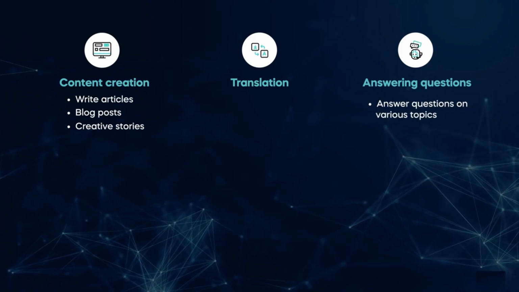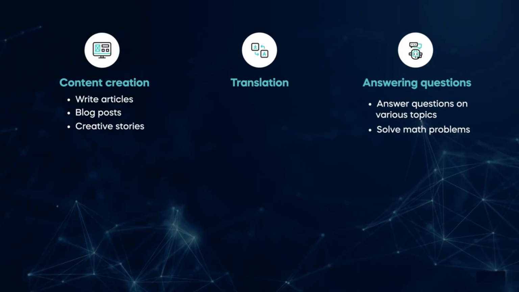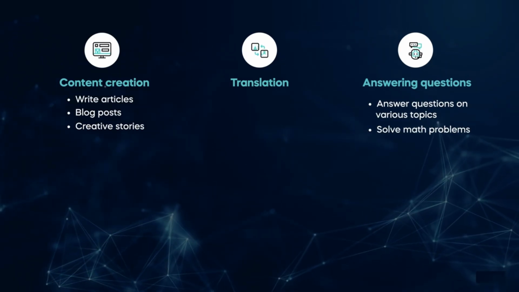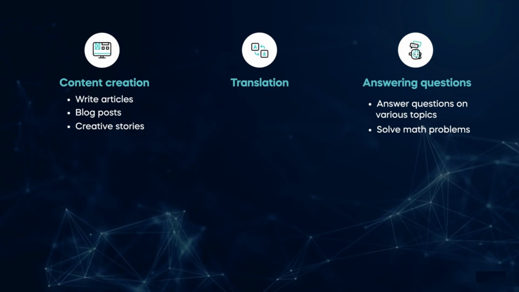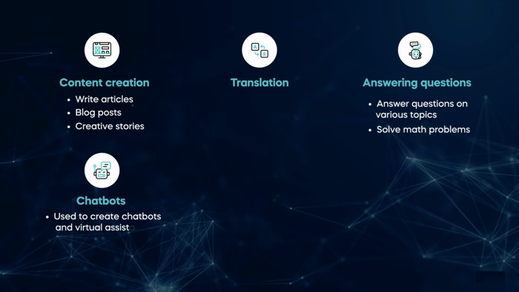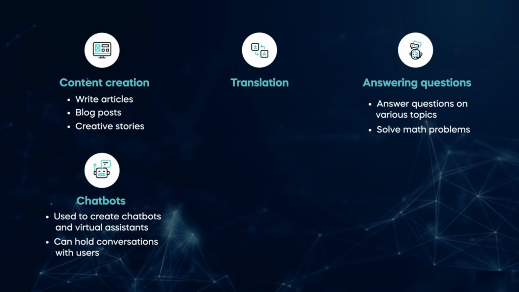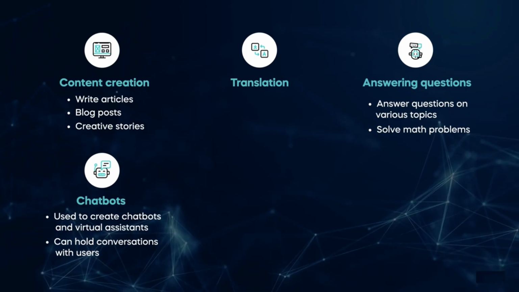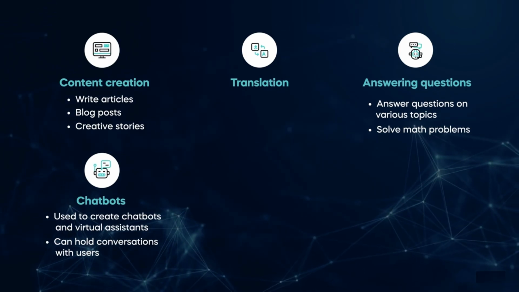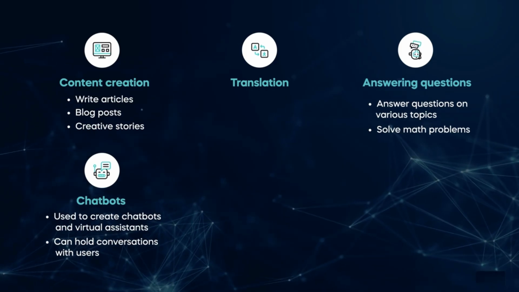You can ask a model questions on various topics, from historical facts to solving math problems, and they'll do their best to provide accurate answers based on their extensive knowledge. You can also use LLMs to create chatbots and virtual assistants that can hold conversations with users and customers, answering common queries and assisting with tasks like setting reminders or finding information online for you.